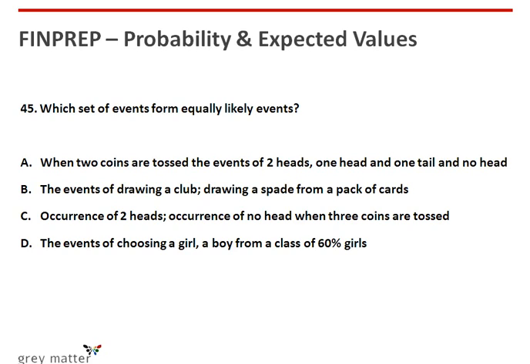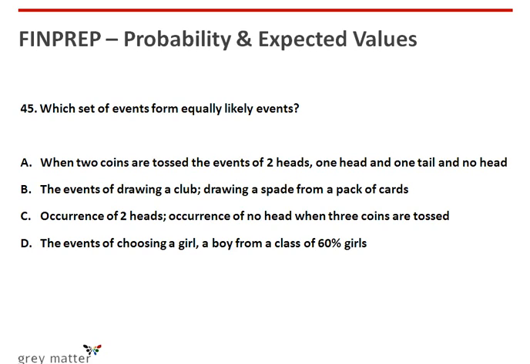Occurrence of two heads, the third option, occurrence of no head when three coins are tossed. The probability for occurrence of two heads will not be equal to the probability of the occurrence of no head when three coins are tossed. So this option is ruled out. The D option says the event of choosing a girl, a boy from a class of 60%.